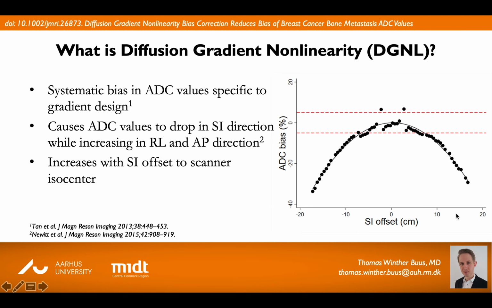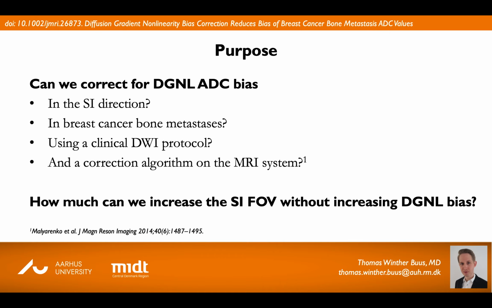And here you see the bias from a diffusion phantom, where you see the bias increases with increased distance to the isocenter. So the purpose of this paper was to answer the following questions. Can we correct for diffusion gradient nonlinearity ADC bias in the SI direction?